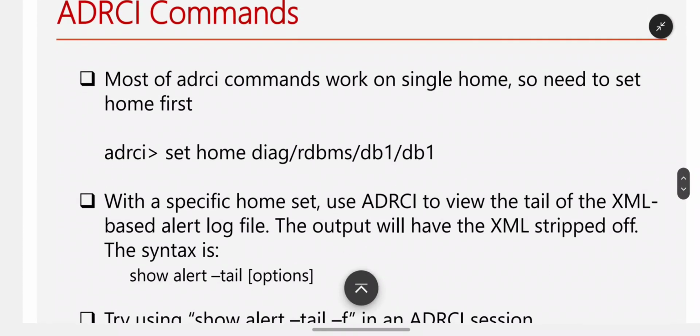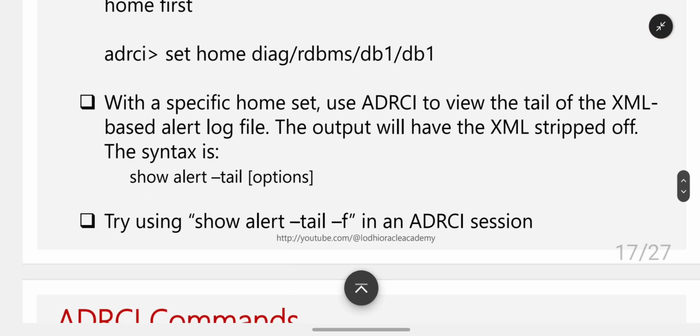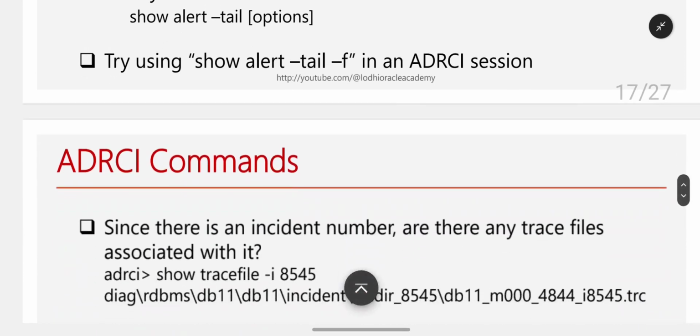Most ADRCI commands work on a single home, so you need to set home first. With the specific home set, use ADRCI to view the tail of the XML based alert log file. The output will have the XML stripped off. The syntax is show alert -tail, then options.